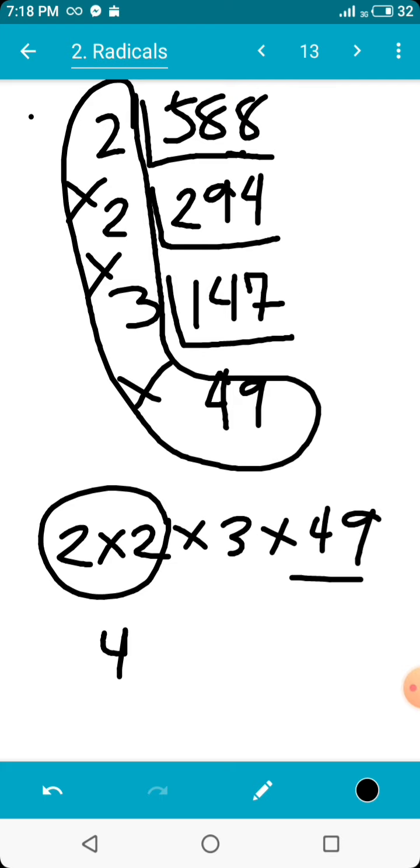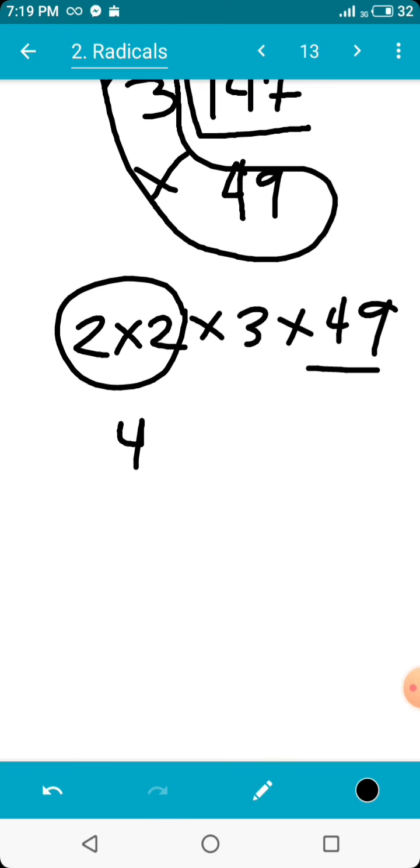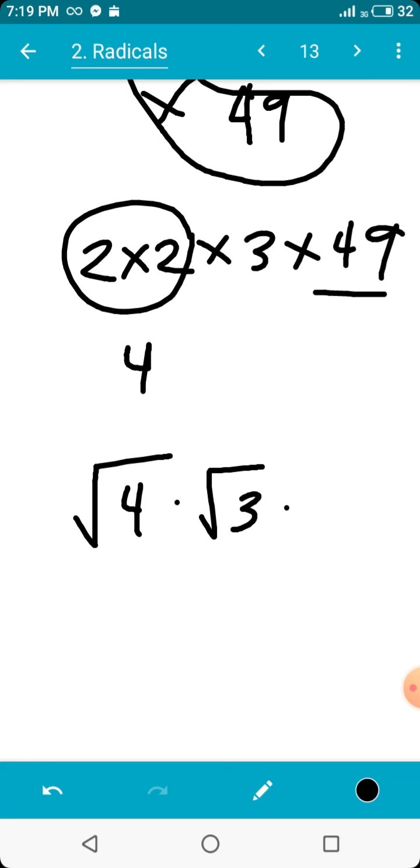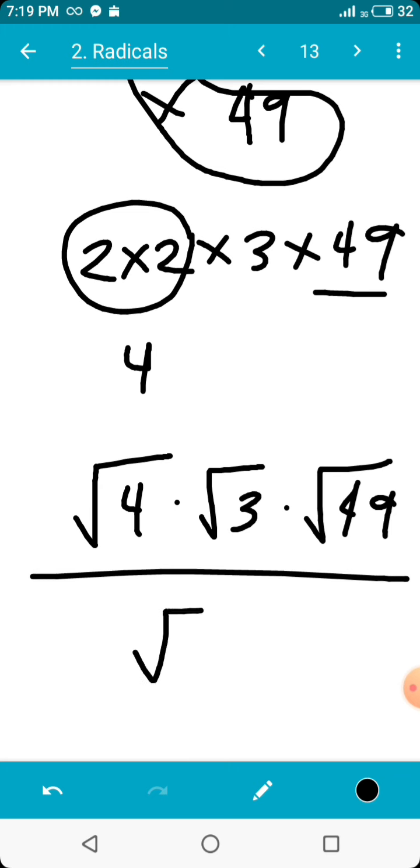So, therefore, we can rewrite square root of 588 by dividing it or factoring it. So, it will become square root of 4 times square root of 3 times square root of 49. Okay? Kasi pag minultiply mo lang to, magiging square root of 588 lang din naman yan.